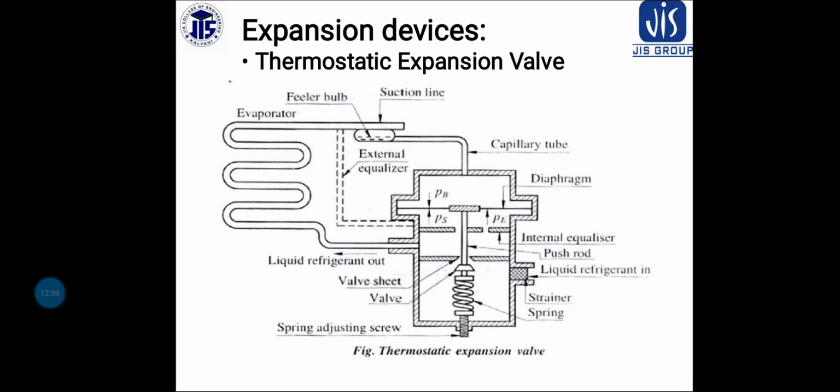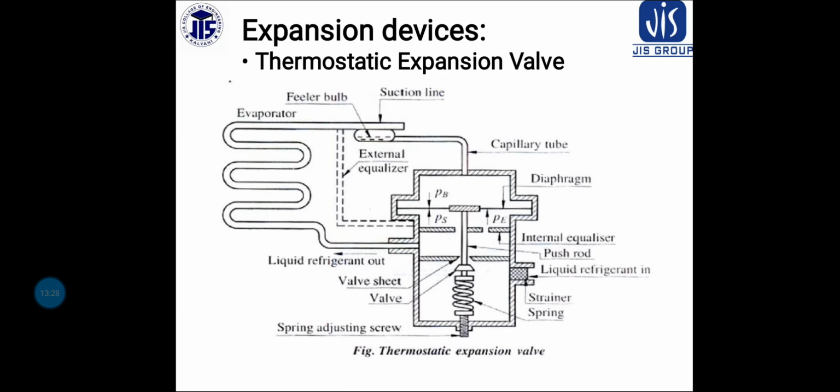The valve tends to close and the compressor delivers less refrigerating capacity at a decreased suction pressure. Thus, the thermostatic expansion valve, as opposed to the automatic expansion valve, is capable of meeting varying load requirements.